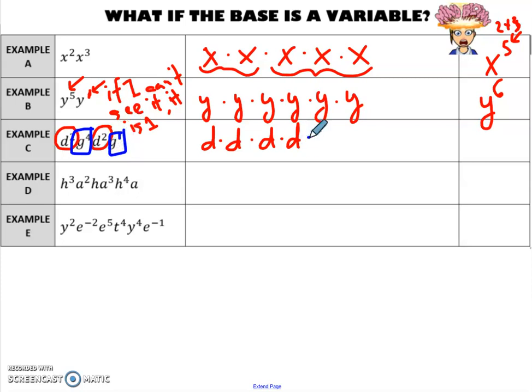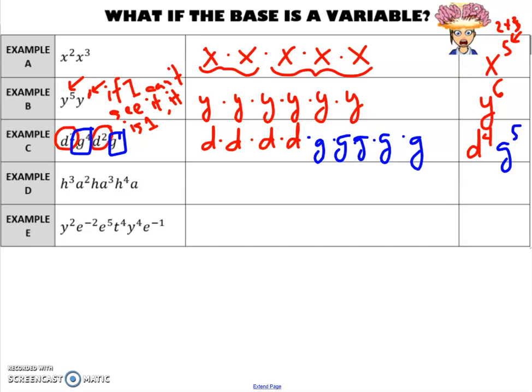So g to the fourth is 4 g's, 1, 2, 3, 4, and then 1 more. Now how many d's are being multiplied together? That's d to the fourth, which is 2 plus 2. And g is 1, 2, 3, 4, 5, which is 4 plus 1. Keep that in mind.